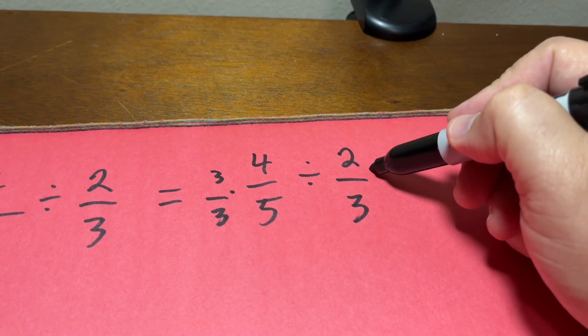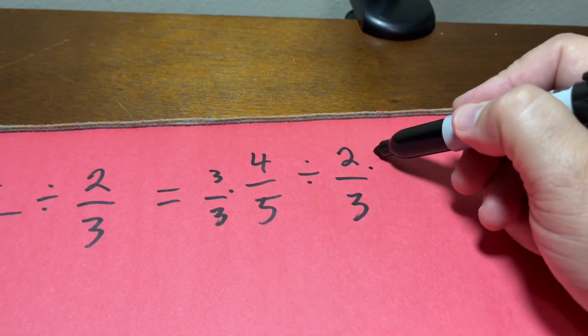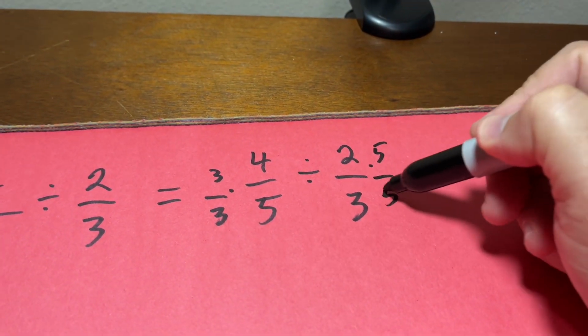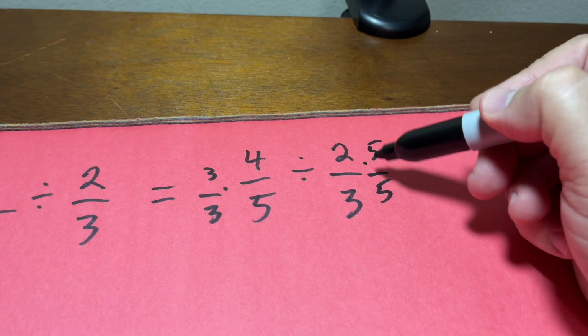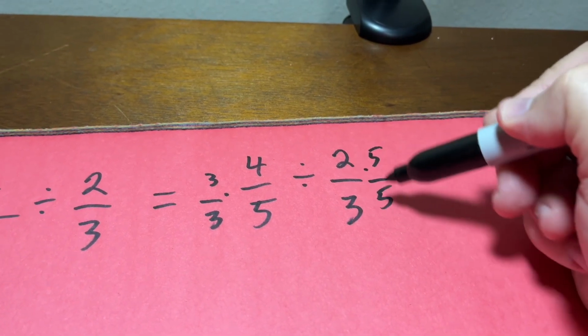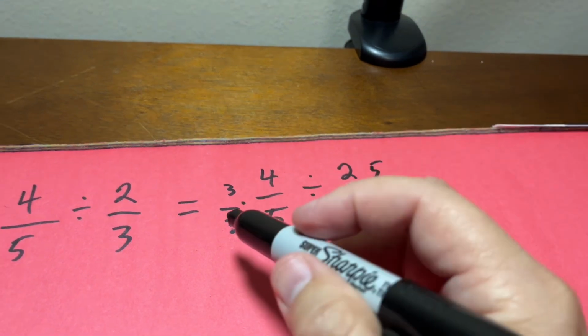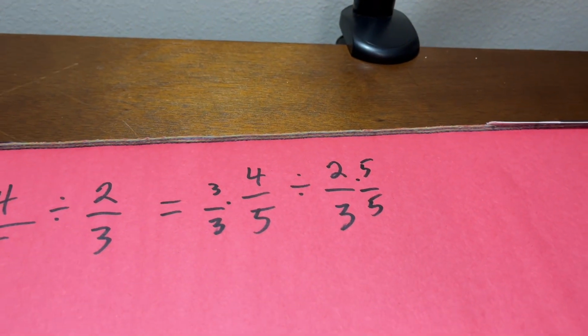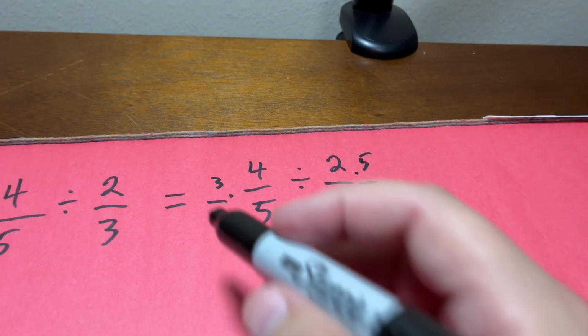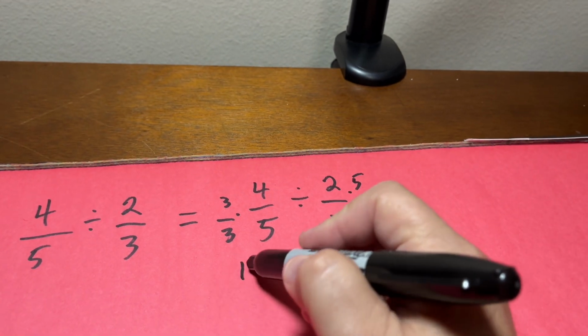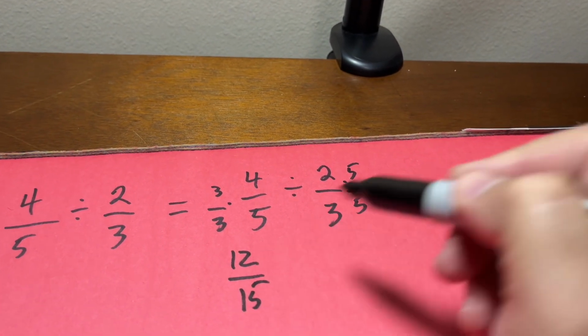And over here, I'm multiplying by this number, and I get 5/5. So I'm multiplying this fraction by 1, so I'm not changing the value of it, but I am changing the denominator.